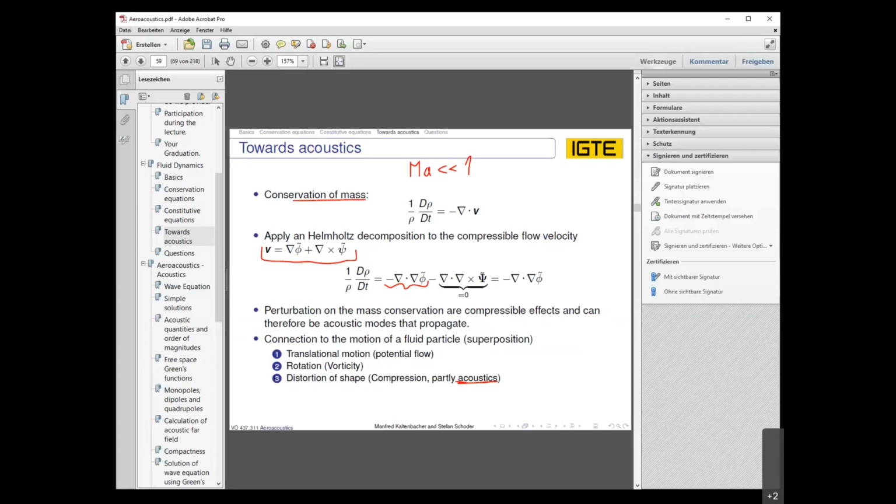Any questions on that? Okay, to sum up, density variations at low Mach number are connected to acoustics, and these density variations propagate, and we can hear it as sound.